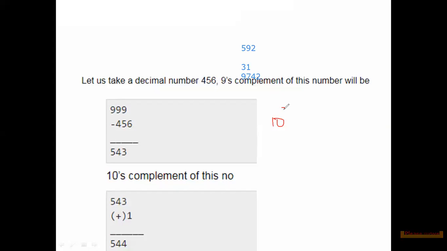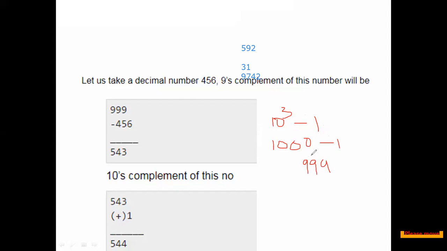Here n is 3 digits, so 10 cube minus 1. What is 10 cube? 1000. 1000 minus 1 is 999. In this way we get 999.